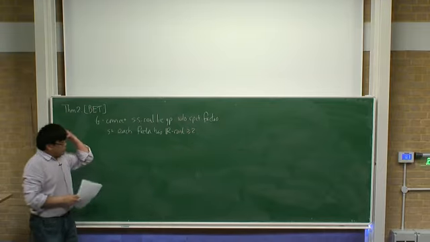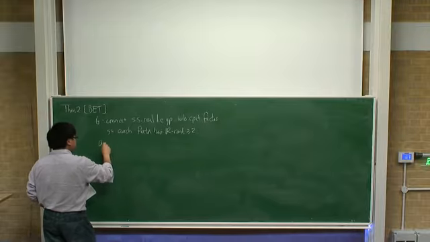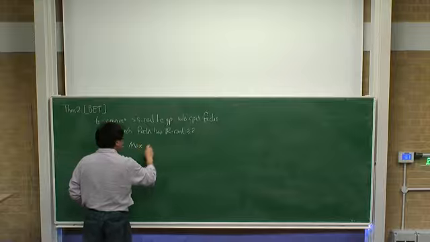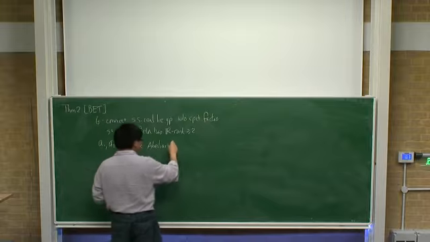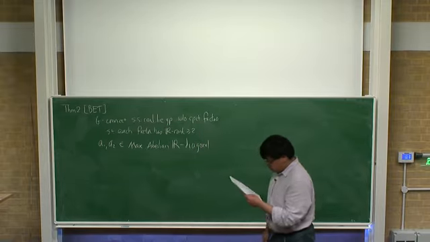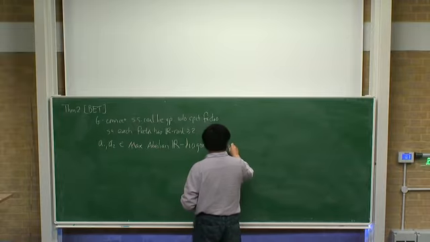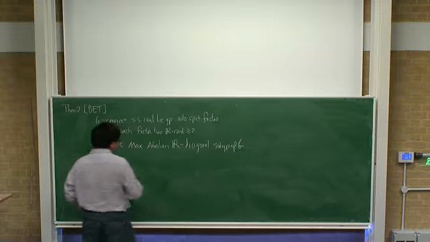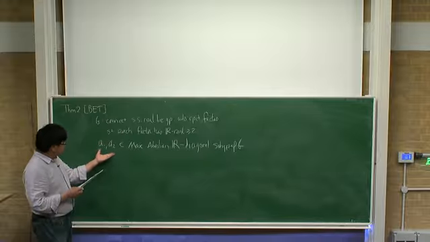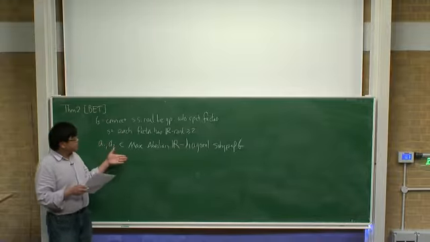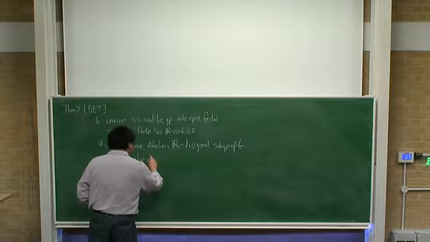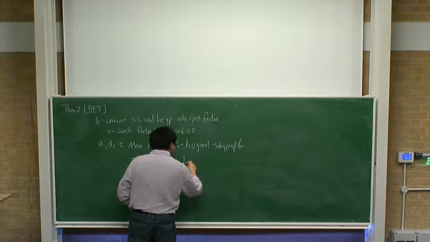Okay. And then if I take A1 and A2 to be elements of a maximal R-diagonal subgroup of G, then when I look at the Lie algebra elements corresponding to these, I want them to be linearly independent in each simple factor.